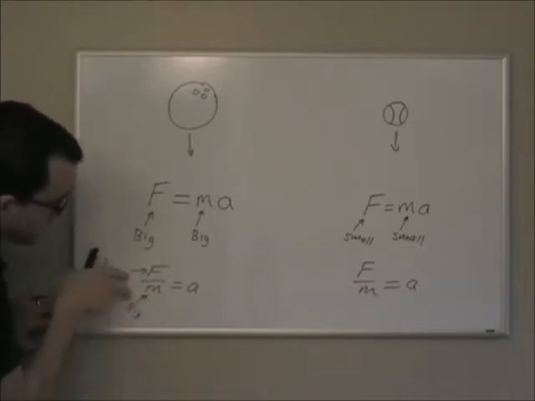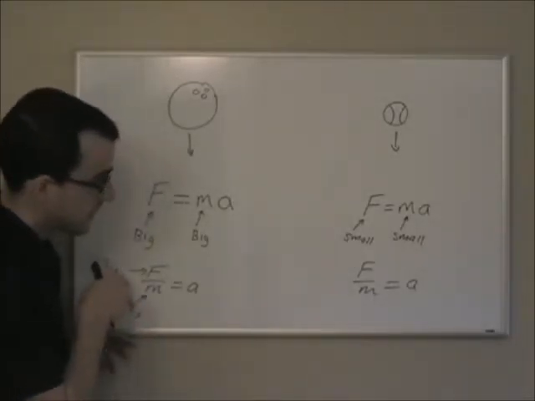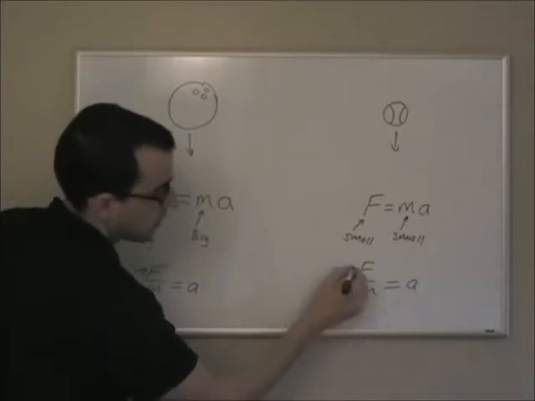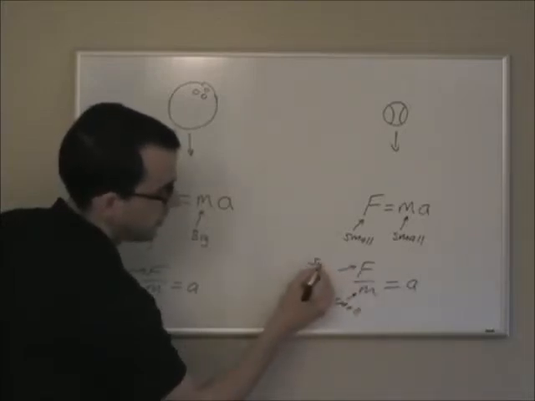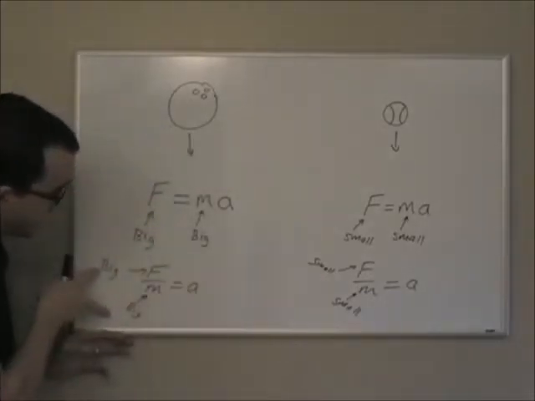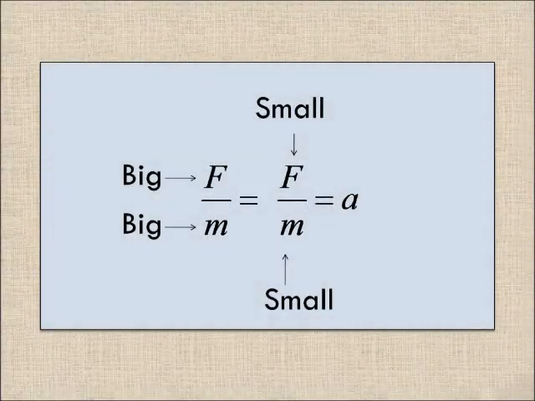And so this ratio, this force to mass ratio, is staying the same, even though the mass is small here and the force is small. You can have 2 small numbers and 2 big numbers, but they could be the exact same ratio. And that's what's going on here.